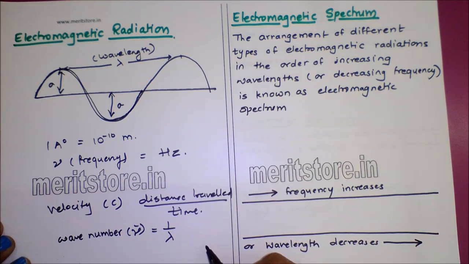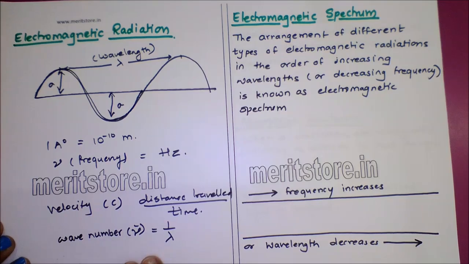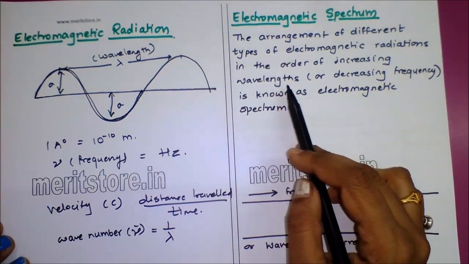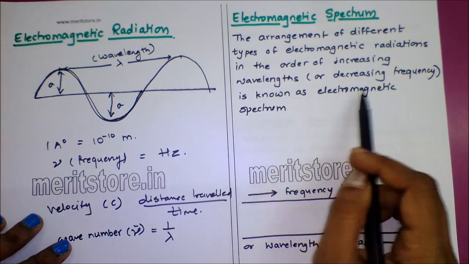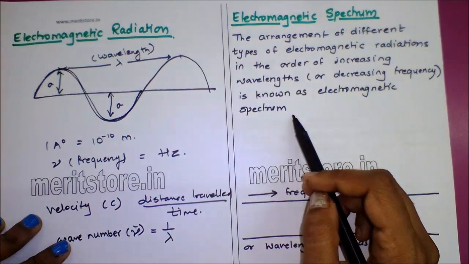Now when we talk about the different electromagnetic radiations, we can arrange them in order of increasing wavelength, and such an arrangement we call the electromagnetic spectrum.